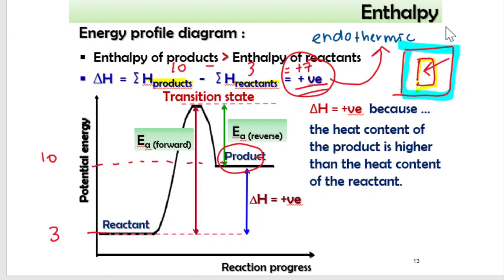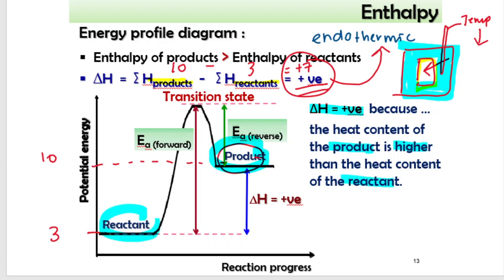That is why bila kita ukur suhu dekat sini, let's say you put your thermometer, temperature of your surrounding outside here, okay, yang di bahagian luar ni, temperature outside here akan decrease. Right, so that is why kamu dapat delta H nya positive because of the heat content of your product here is higher than your heat content of your reactant.